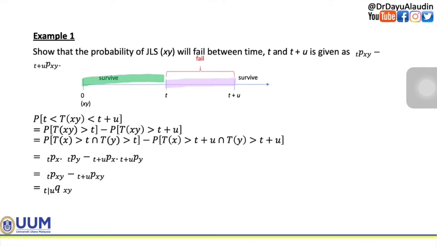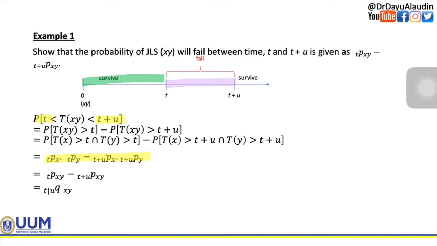Now we use the probability from time t to t plus u, and we convert it into actuarial notation and get tPx times tPy minus t plus u Px times t plus u Py.